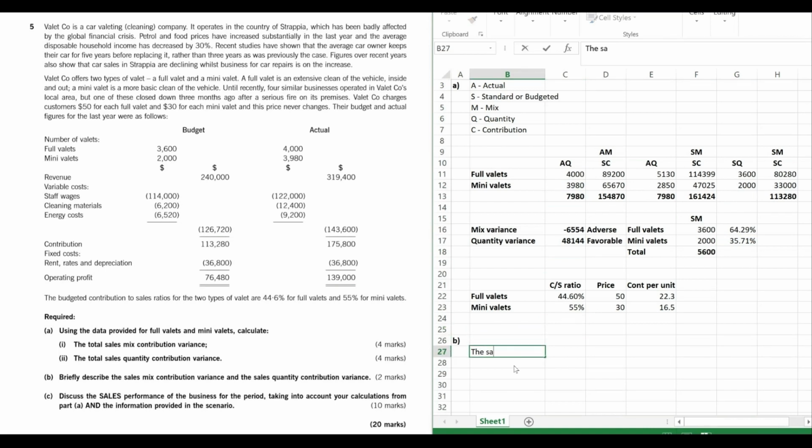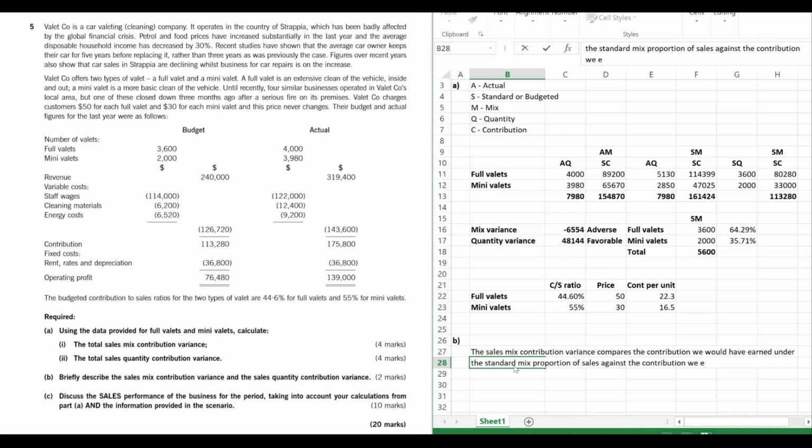So the sales mix contribution variance compares the contribution we would have earned under the standard mixed proportion of sales against the contribution we earned in our actual mix proportion.